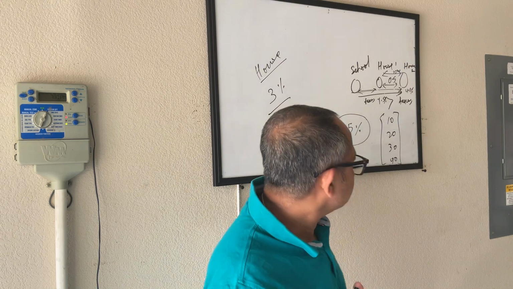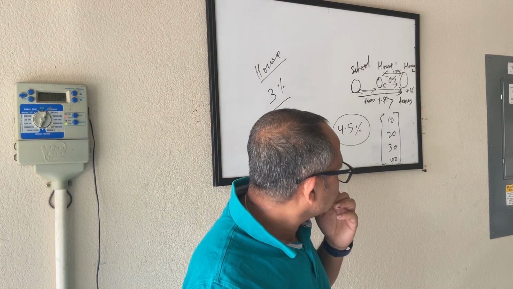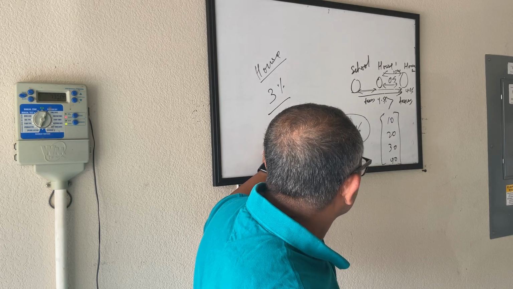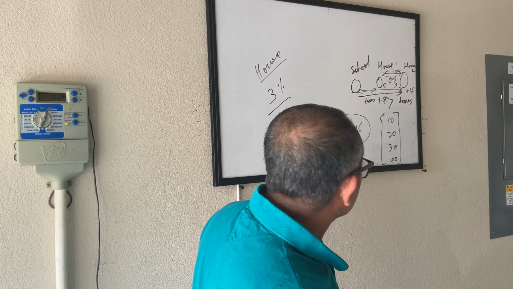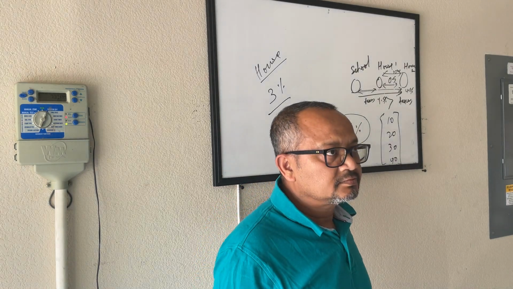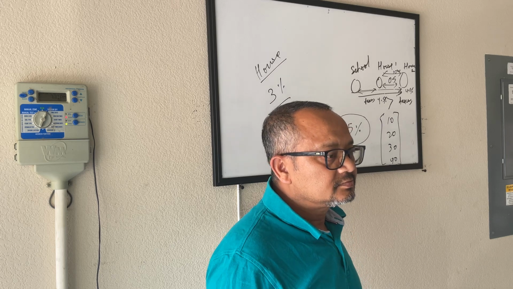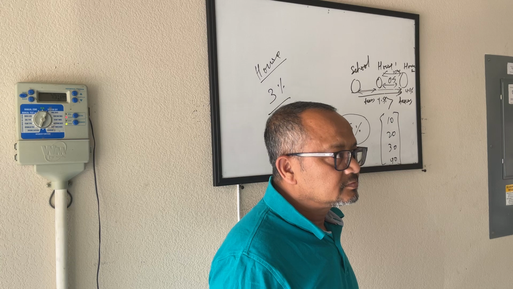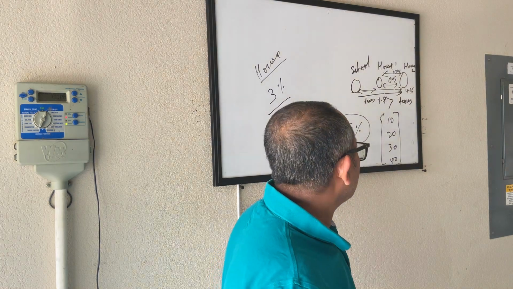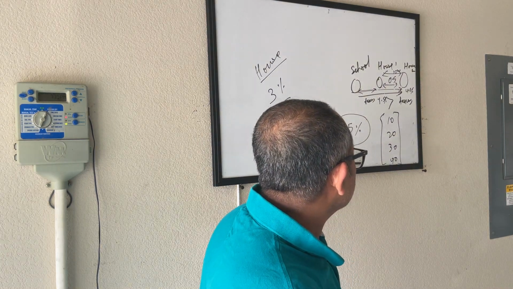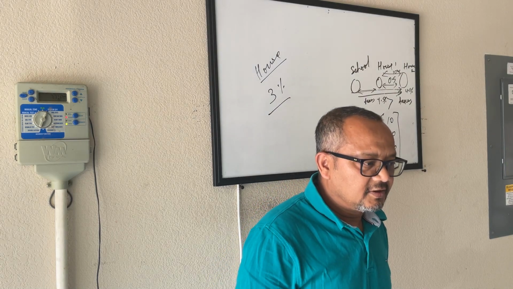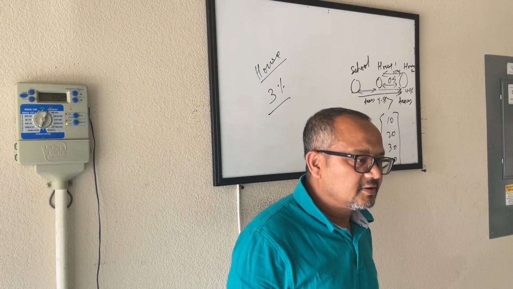I think the question says that if it's 4.5%, I feel like that house is the closest to school. So I was like, wait, if the house is 4%, it would be 20 miles, and if it was 3.5, it would be 30, and then for 3 it would be 40.